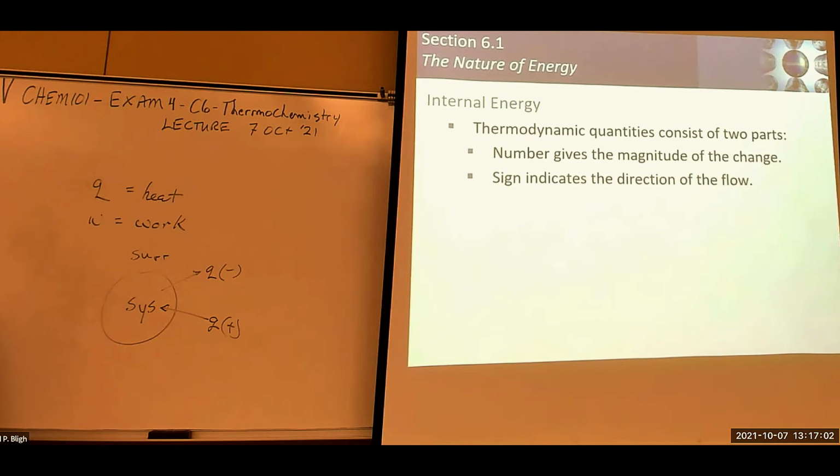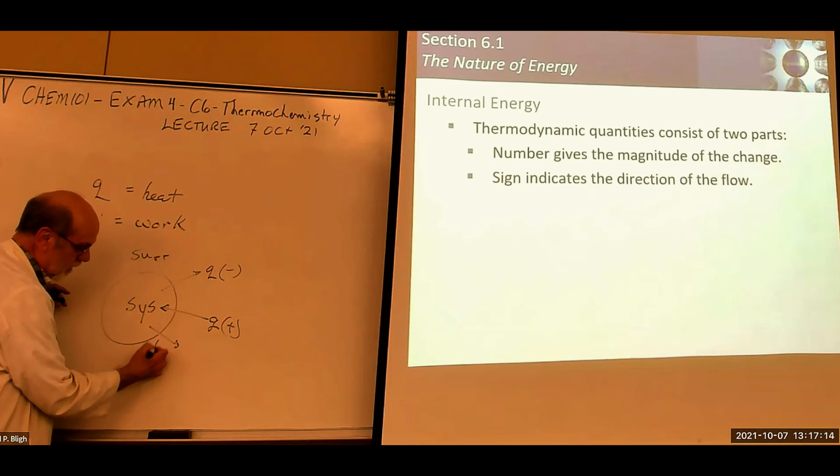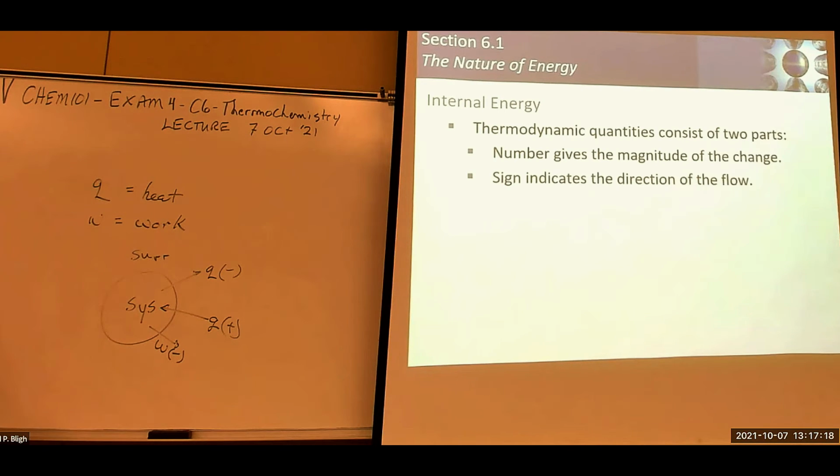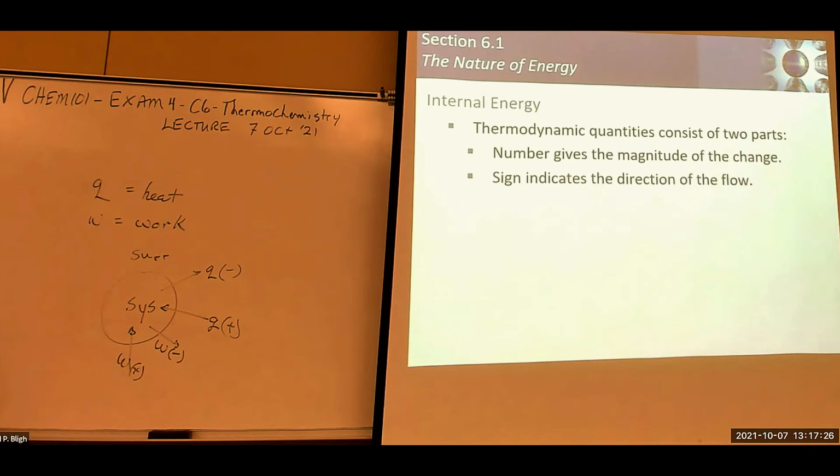The other one, work, is a little more difficult to wrap your brain around, but if the system is doing work on its surroundings, and I'll show you how that happens in a minute, the same sign convention applies: it is negative. But if the surroundings are doing work on the system, then it's a positive sign on that value.